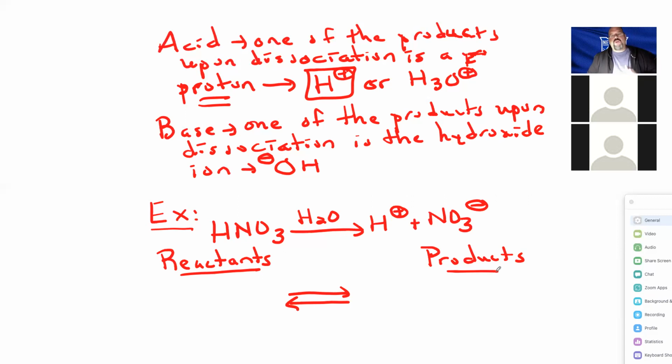Now, if you have a single arrow in the chemical equation, that means that all the reactants are converted into products. But if you have a double arrow, what that means is that not only are reactants being converted into products, but some of those products are actually reacting with each other to reform the reactants. Like the arrow shows, like a two-way street. It goes back and forth, back and forth, back and forth.